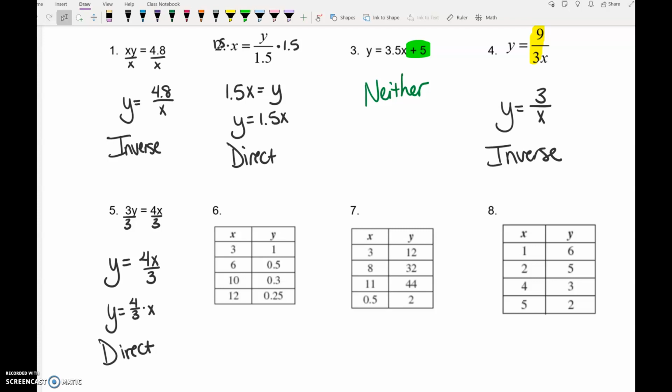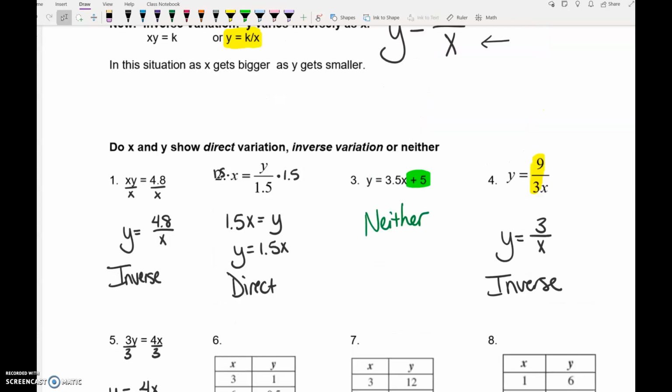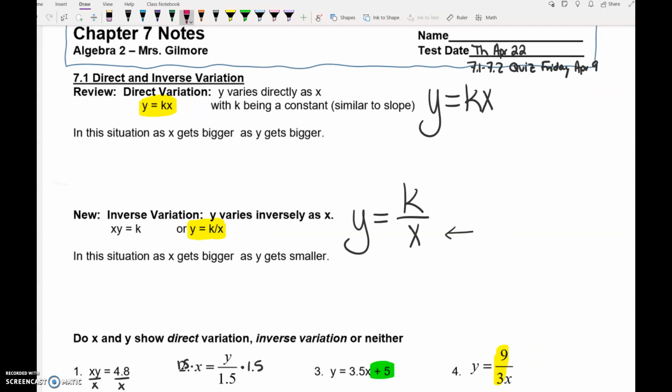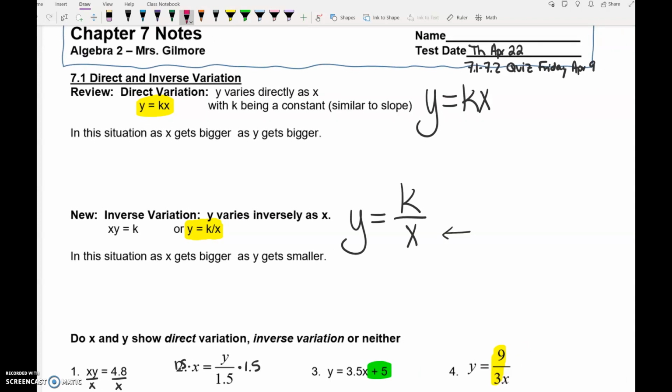Before we tackle the tables, I want to show you a little trick involving tables. If I were to take direct variation and try to get the k by itself, I would divide both sides by x. So k is going to equal y divided by x.